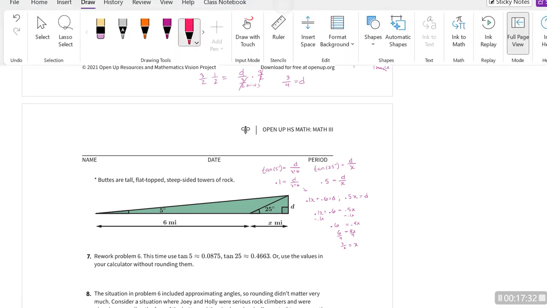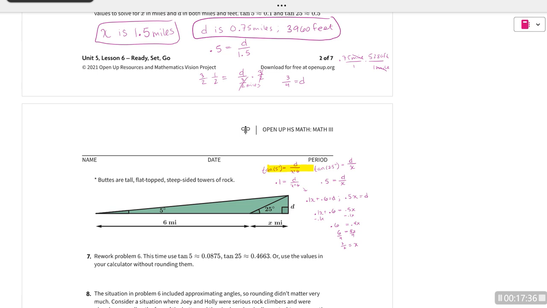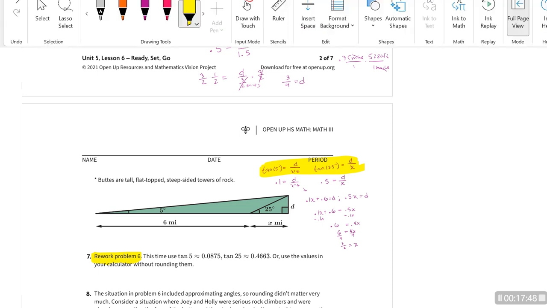So we're going to come back to our initial starting statement. We can start with that again, because the image hasn't changed. It's just the values that we're using for tan of 5 and tan of 25 that are going to be a little bit different.